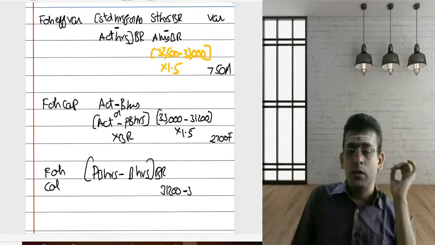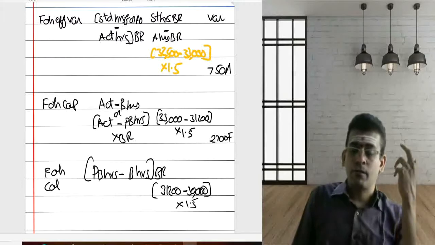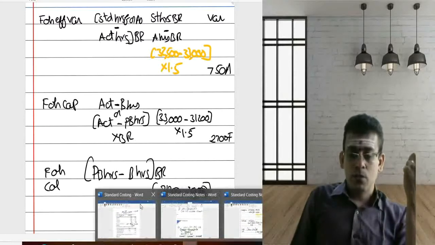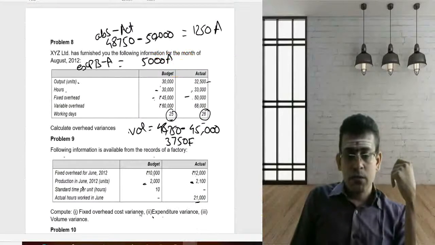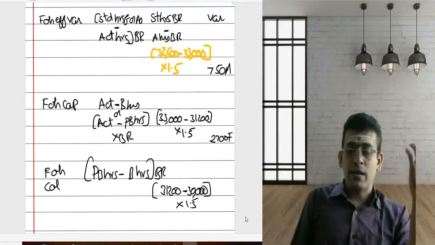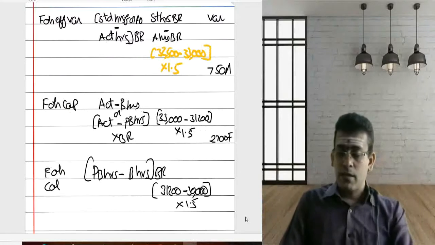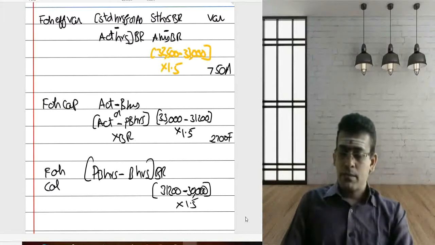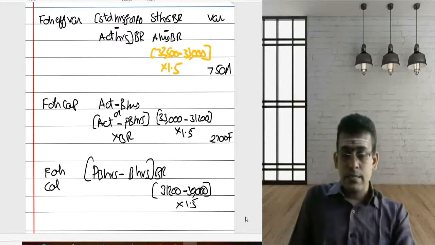Budgeted hours we know to be 30,000. So 31,200 minus 30,000 into 1.5. The difference is 1,800 favorable.